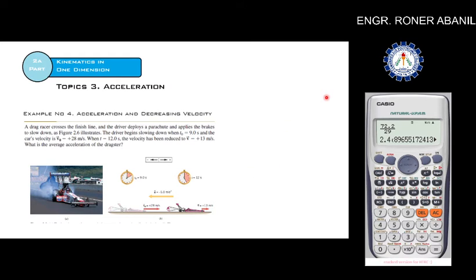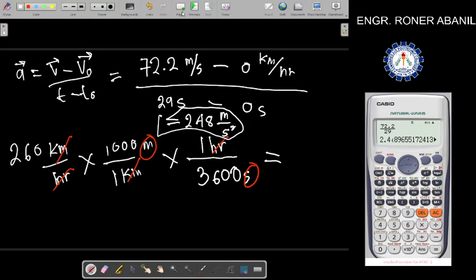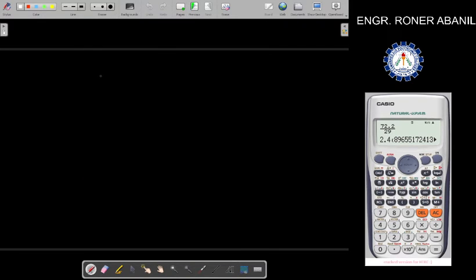Yan. So punta tayo ngayon dito sa blackboard. Yan ang tunay na blackboard. Kulay itim eh. Okay? So let's start. So alam natin ang formula ng acceleration is equal to V final minus the V initial over the T final minus the T initial.